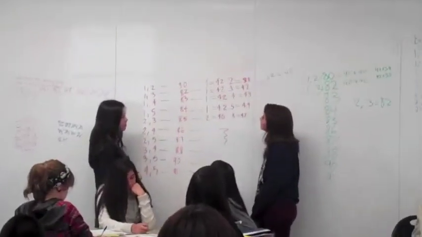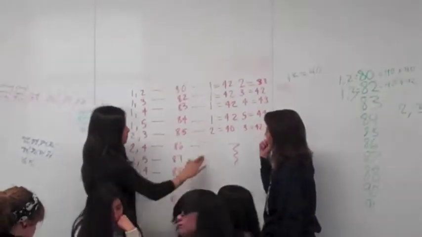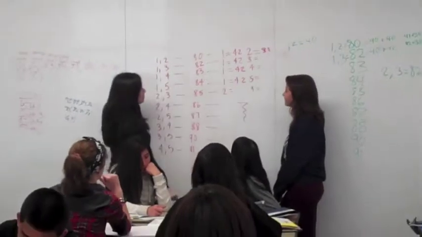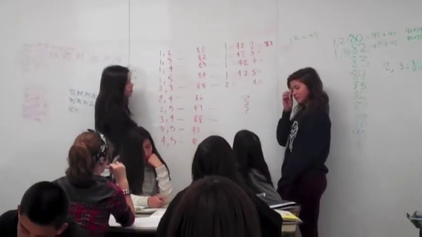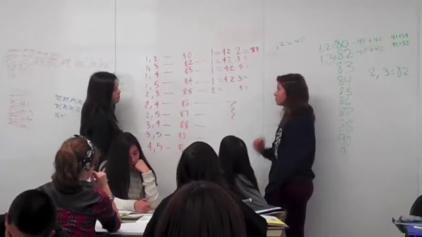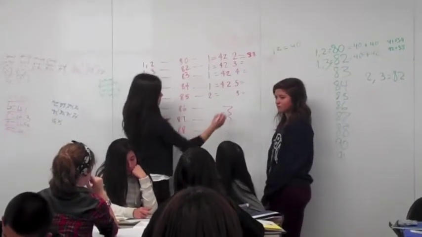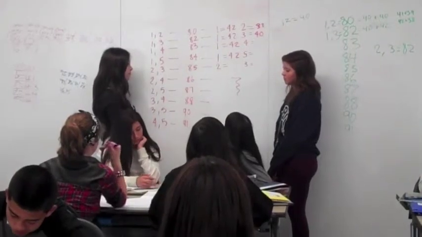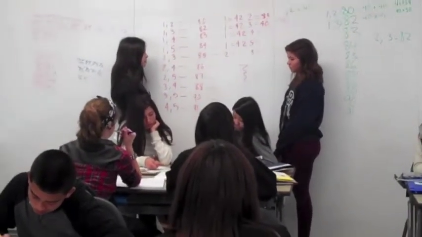And then let's see, Marin, for 1 and 3 now, we've got 1 equals 42. What does 3 have to be equal to? 40. We agree that it's 40? Cool. Sebastian, what does 4 have to be equal to? 42?